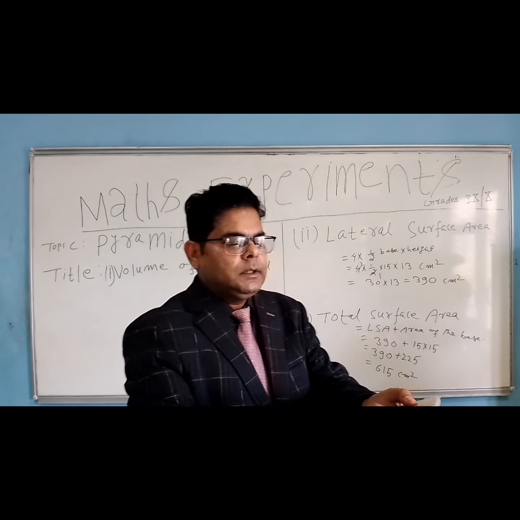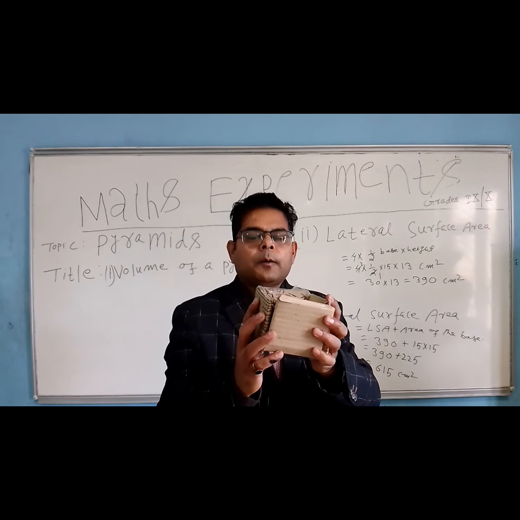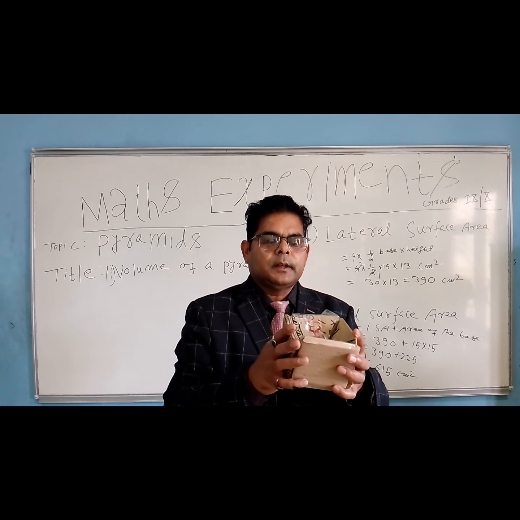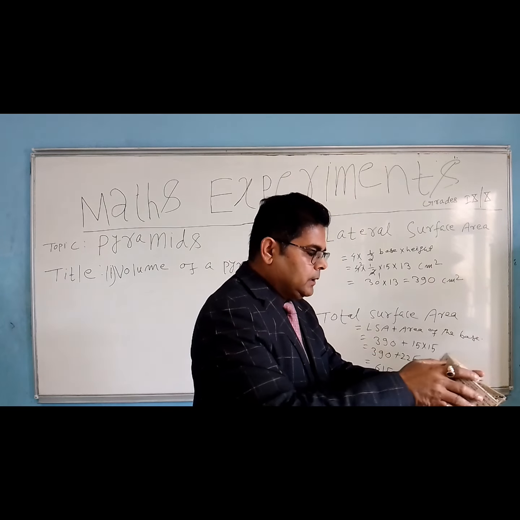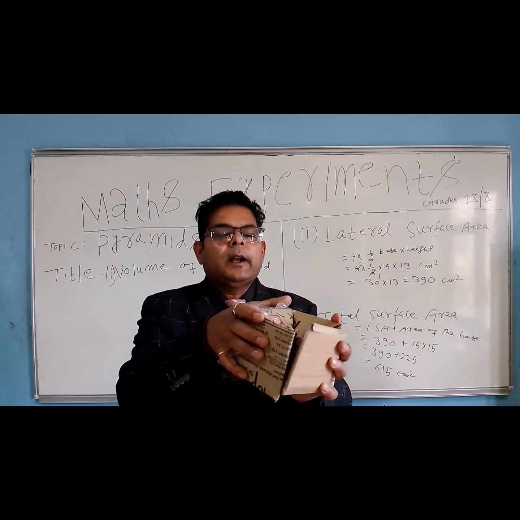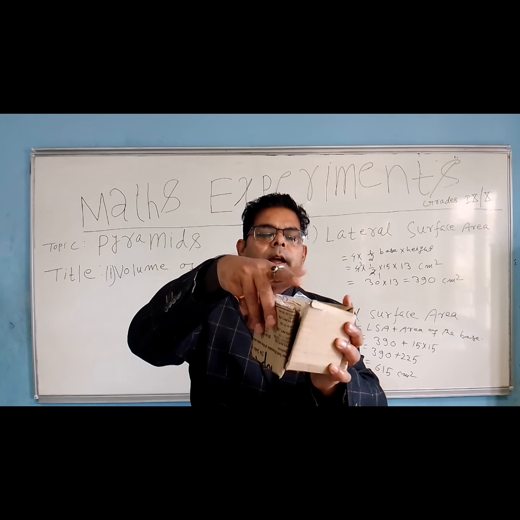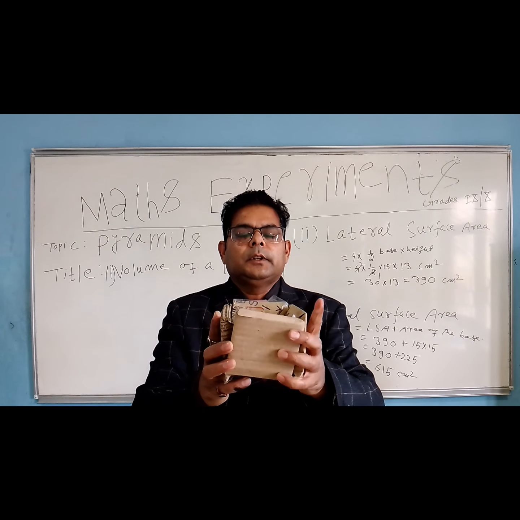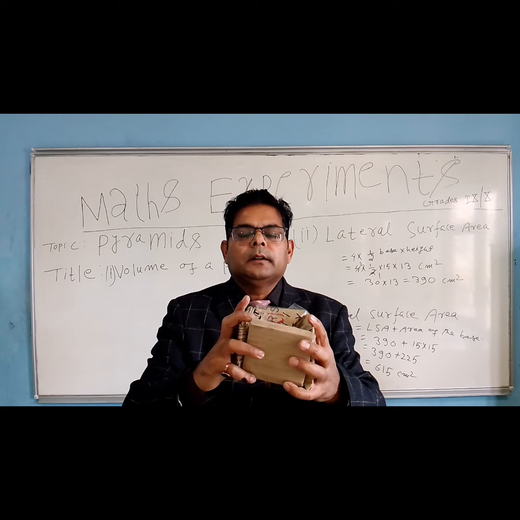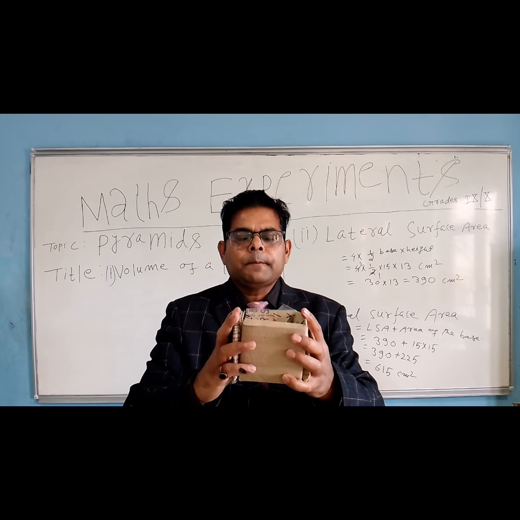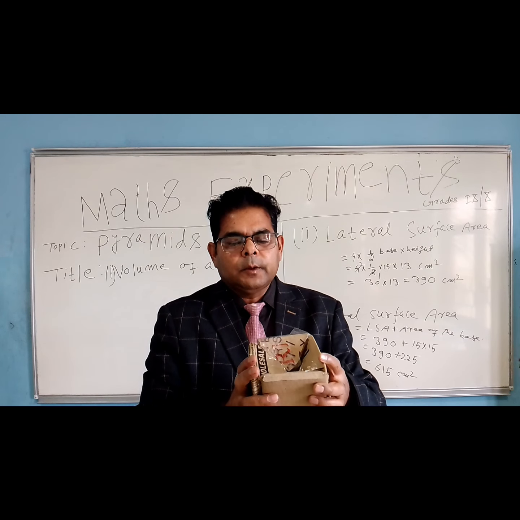So what you can see here is that it is forming a kind of box. If you consider the pyramid having the square base, this length, this length and the length on this side are the same. But what about the height of the pyramid here?